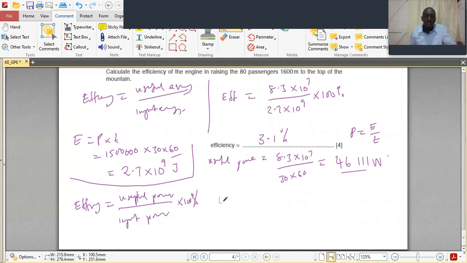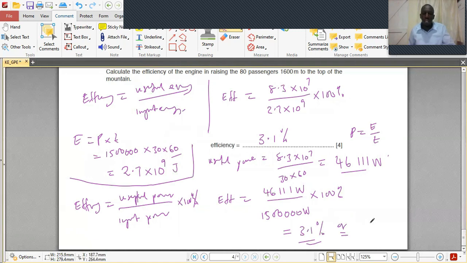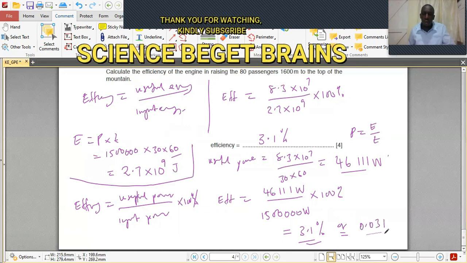So from here, efficiency is now defined as the useful power, that is 46,111 watts, divided by the input power, which is 1,500,000 watts. We multiply with 100%, and that gives us 3.1%. Or you can just leave your answer as 0.031, just like a ratio.